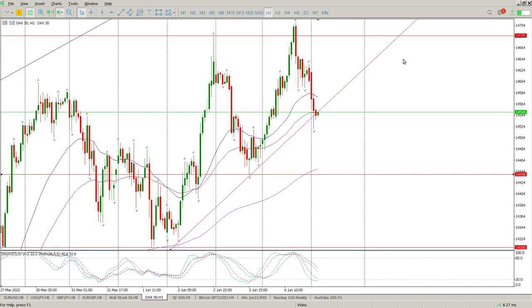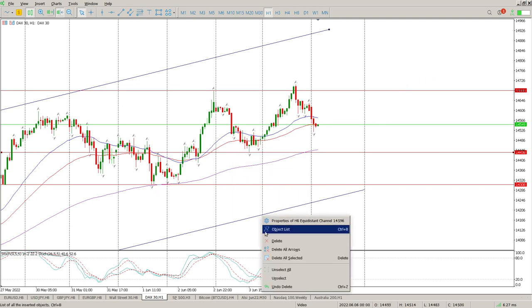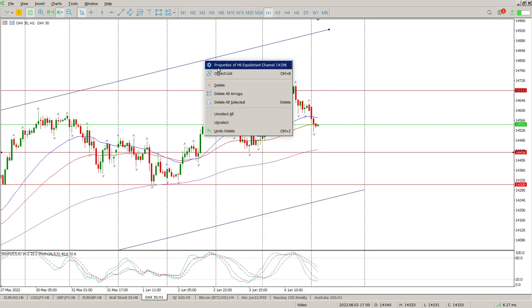If we drop down to the hour, we got going pretty strongly yesterday. We had a London breakout strategy, or we call it a DAX breakout strategy, that played out pretty well, back to the top of the range, and then we rejected the top of the range. So for me right now, there are a few things on the card, and I just want to delete diagonals. Let's get rid of this one.